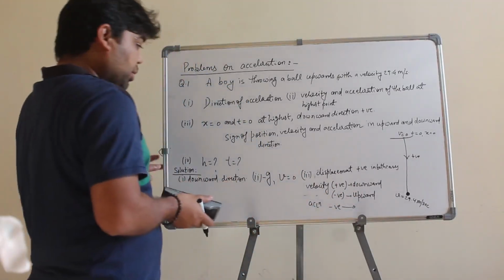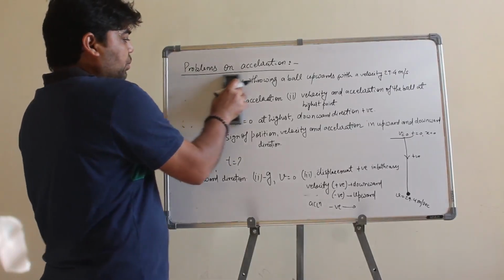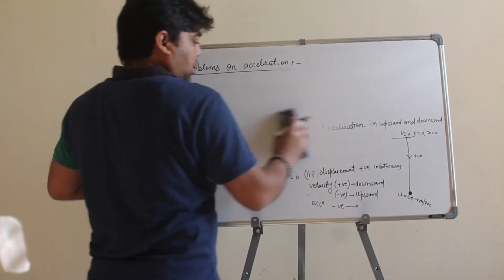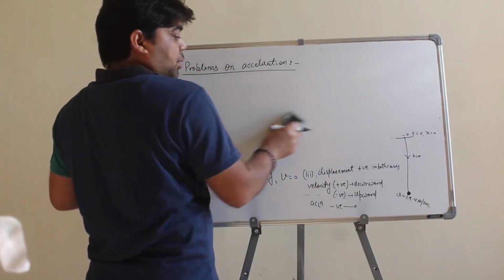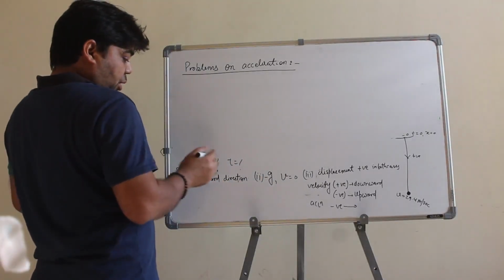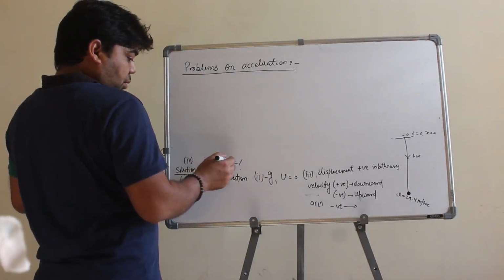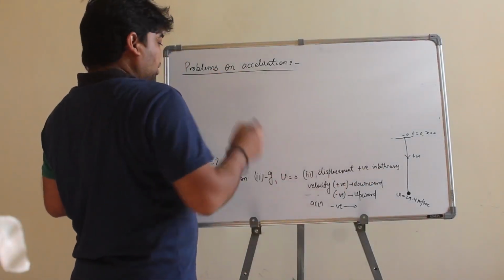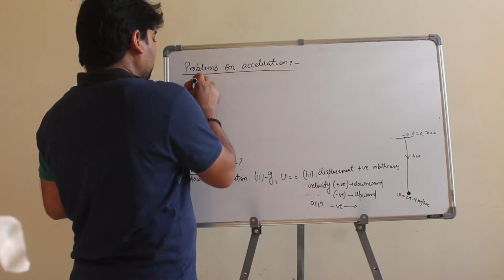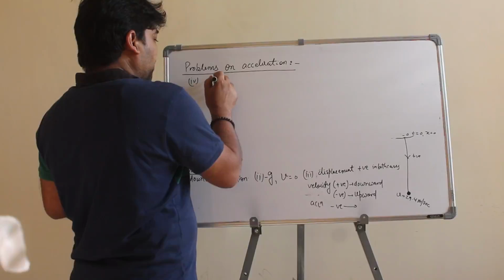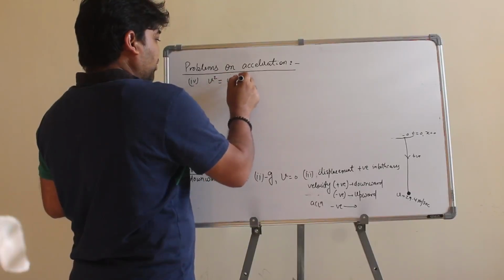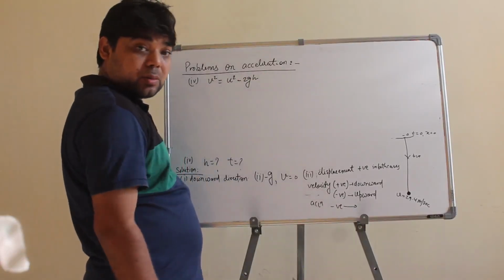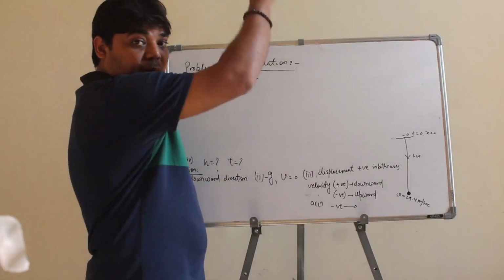Now the fourth problem: what is h and t? For h, use the formula v square equals u square minus 2gh. We use minus because acceleration is negative and motion is in the upward direction.